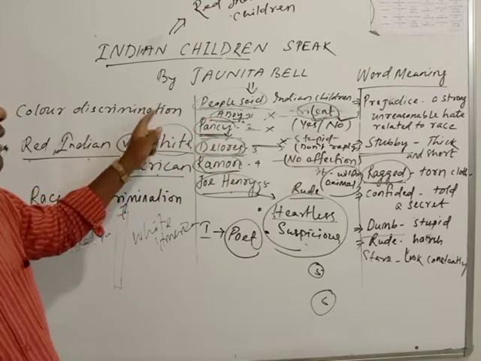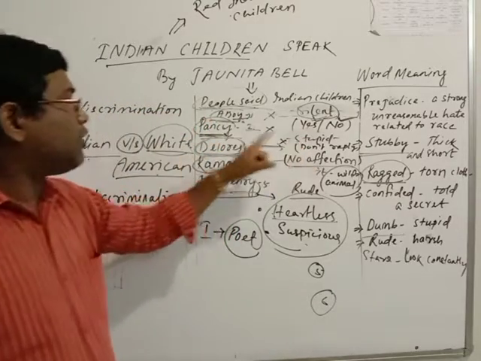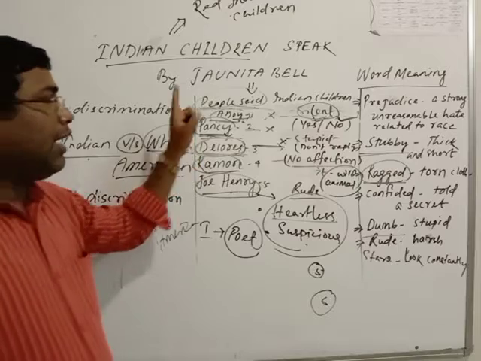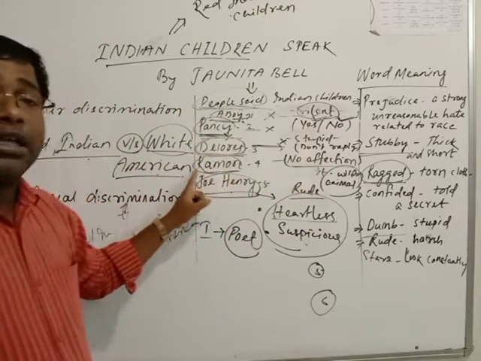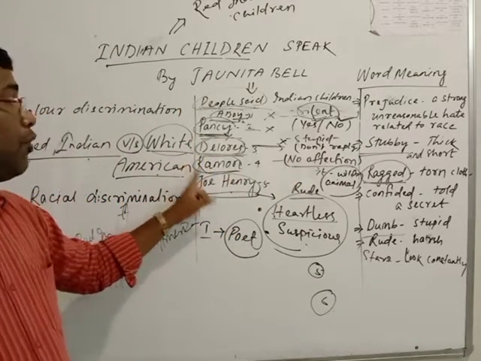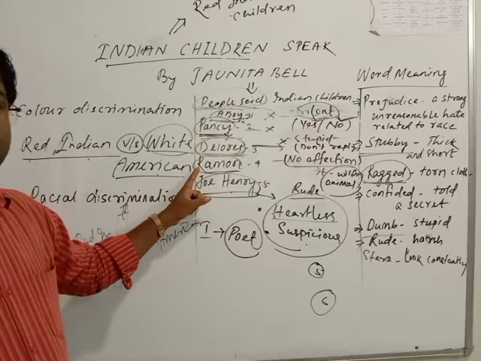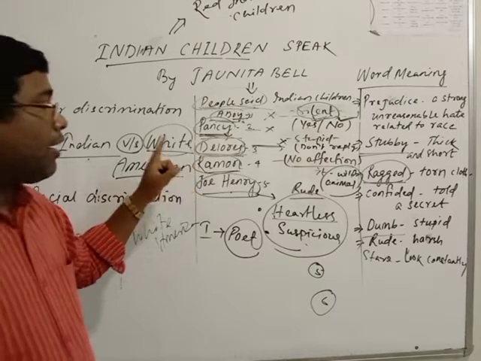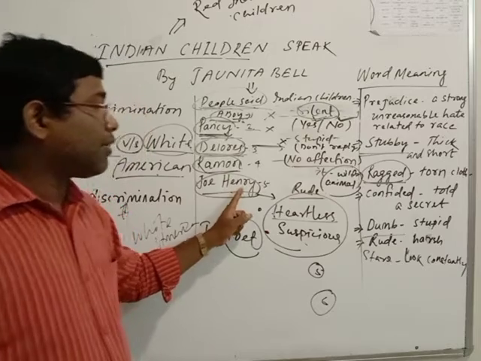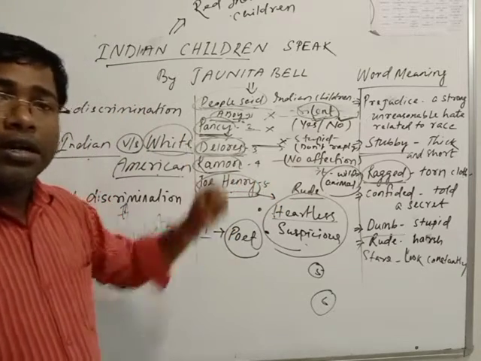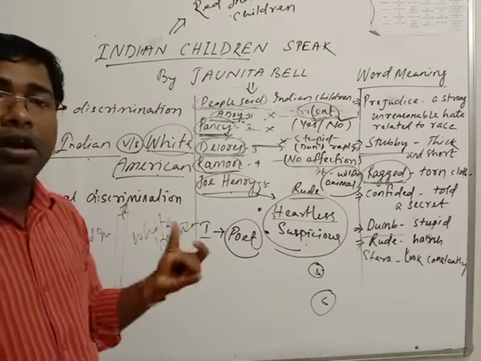Okay, and also they said that they are very stupid, and it was also proved wrong by somebody else. They don't have affection, but the loving of his mother was shown by Raman. It was also proved wrong. And also Joe Henry proved wrong that they are not rude because they know real love and affection.